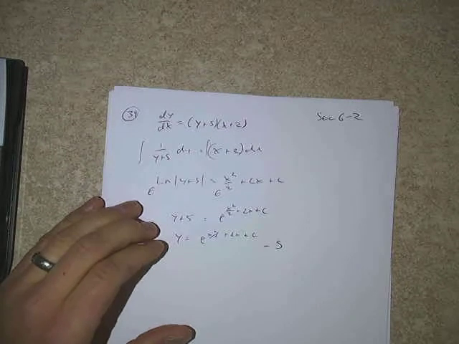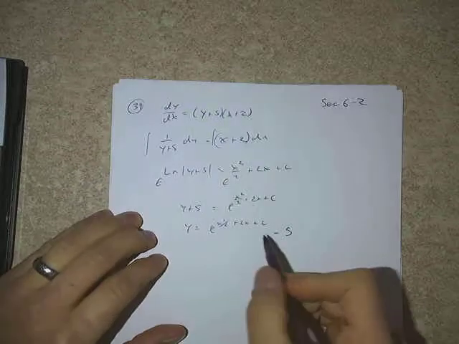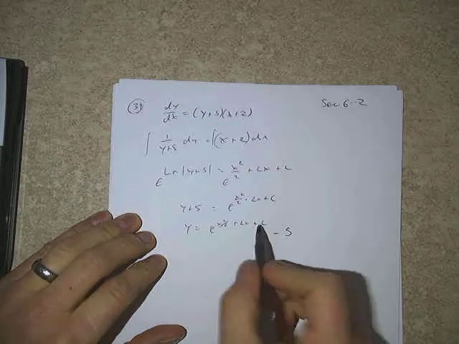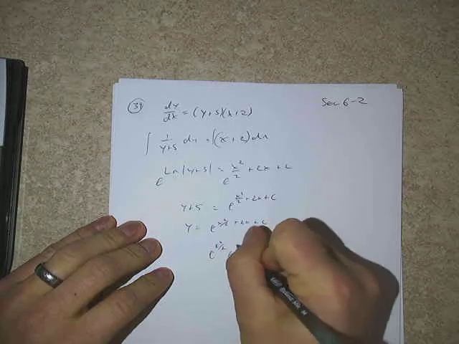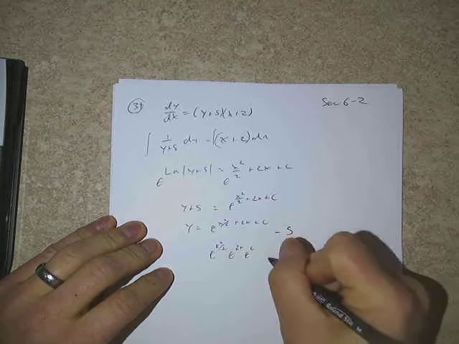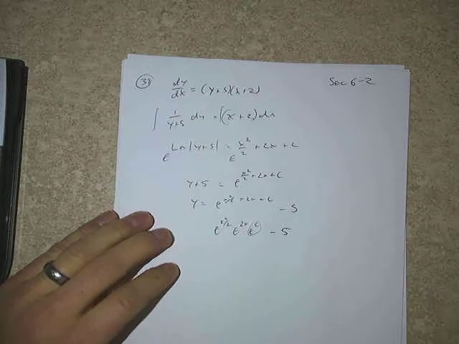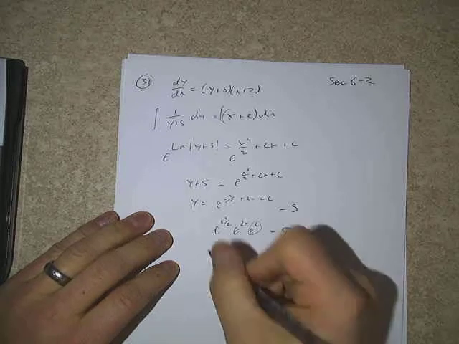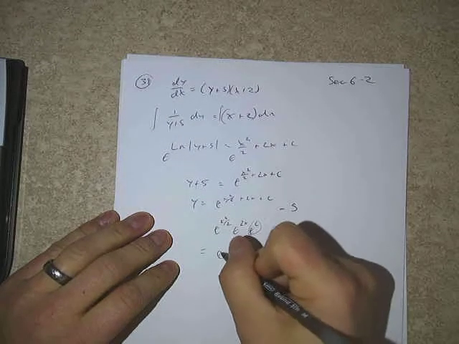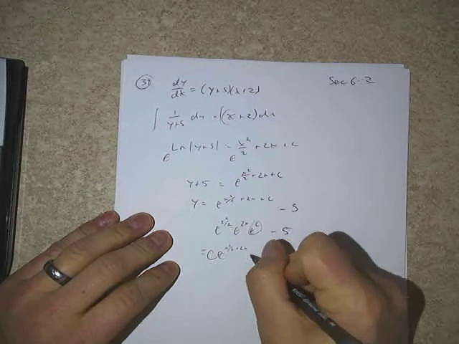Alright, and then depending on how it looked simplified, ultimately remember what we usually do here when we have the e to some power where there's additions and subtractions, we can rewrite it as the individual e powers multiplied as such. And then ultimately what is this right here? It's a constant. So what could we just call that constant? C. So we could write C e to the x squared over 2 plus 2x, minus 5.